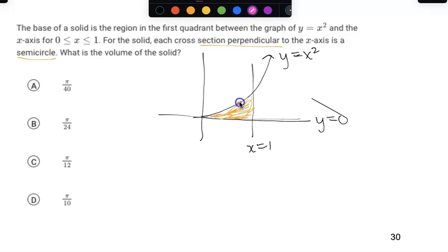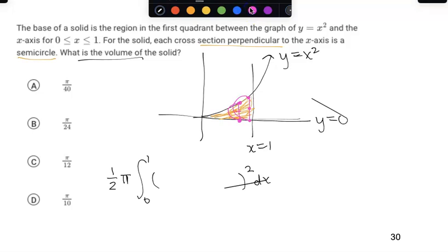So I'm going to draw in semicircles that run from top minus bottom. What is the volume of the solid? So go ahead and set up your integral. 1/2 pi r squared dx. We're going from 0 to 1.